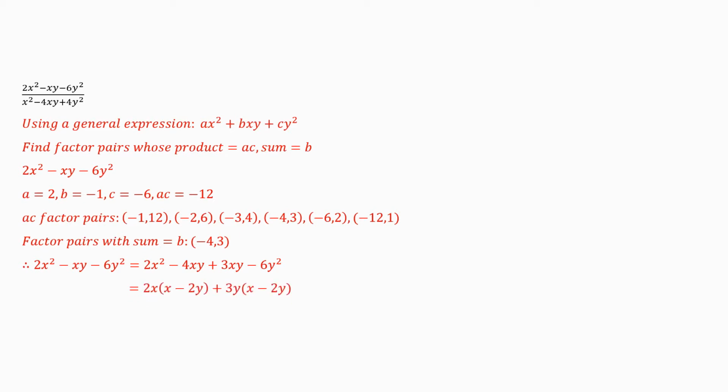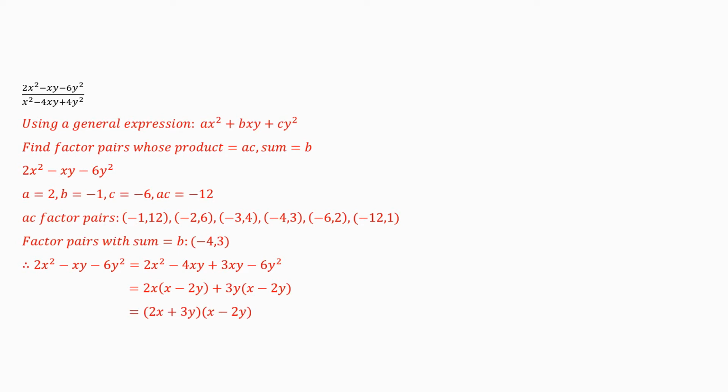In the first set, we have 2x common in 2x squared minus 4xy. So we have 2x into x minus 2y, and 3y is common in 3xy and -6y squared. So we have plus 3y into x minus 2y. Then we group them. We have 2x plus 3y into x minus 2y.